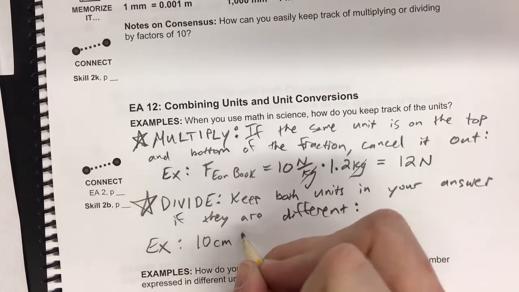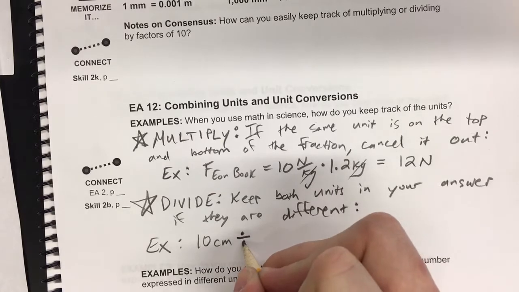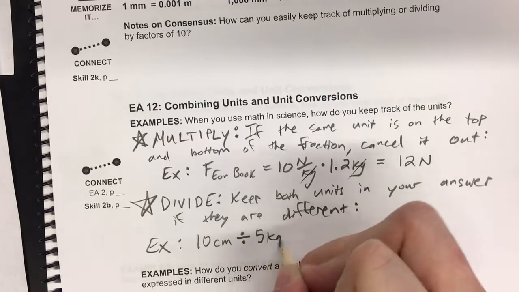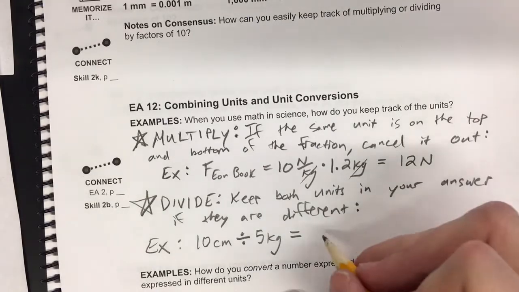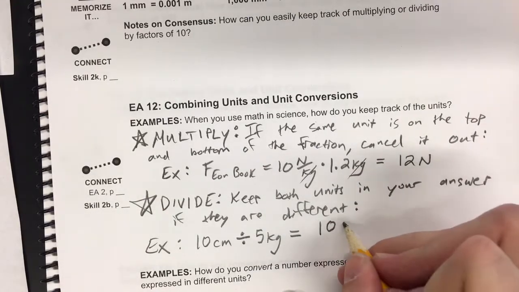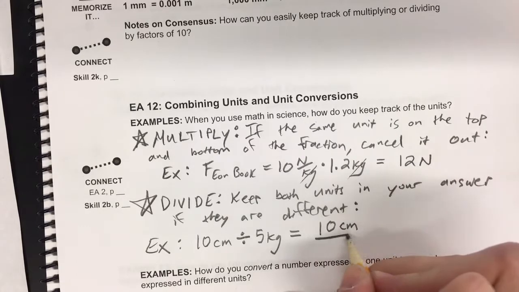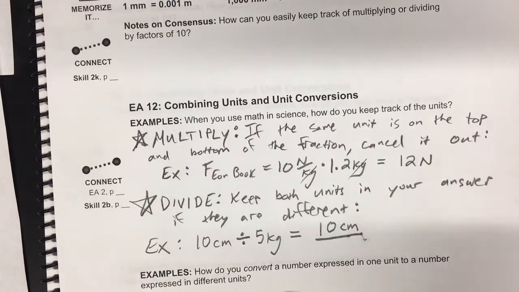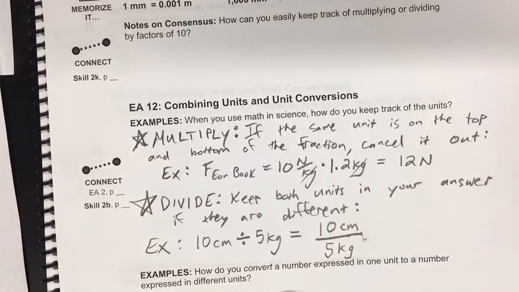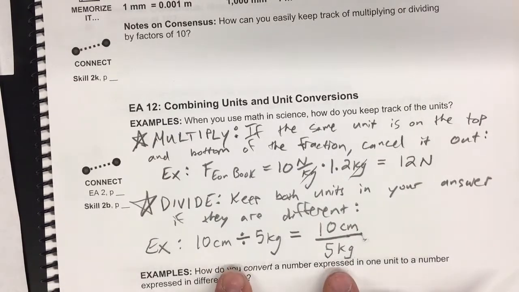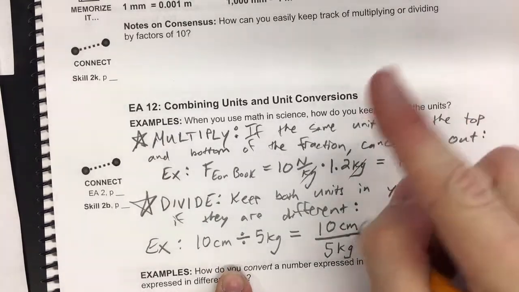10 centimeters divided by 5 kilograms equals, I'm going to add something in the middle here because I think it clarifies things. Often we'll see a division problem written like this, with the 10 centimeters above the 5 kilograms on a fraction. These are exactly the same thing, just written two different ways.